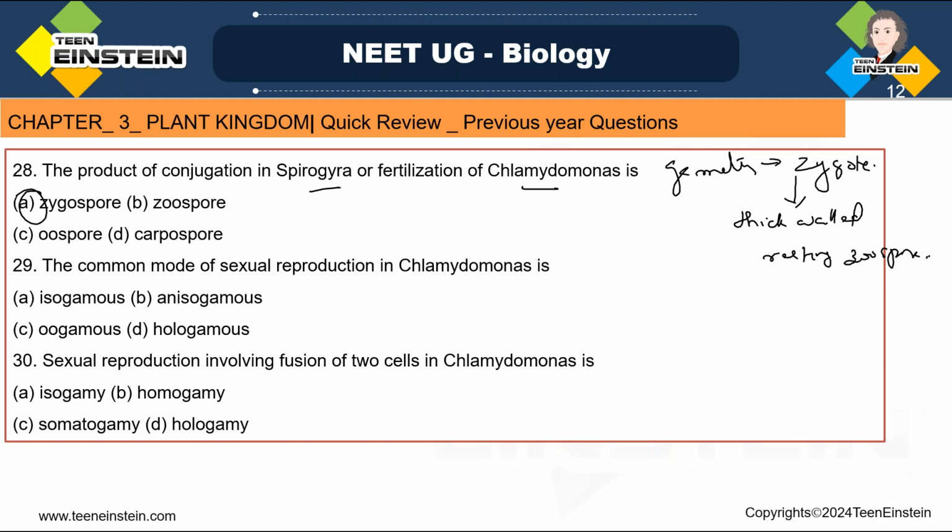Next question: the common mode of sexual reproduction in Chlamydomonas. In Chlamydomonas, sexual reproduction can take place through isogamy, anisogamy, oogamy, or hologamy.